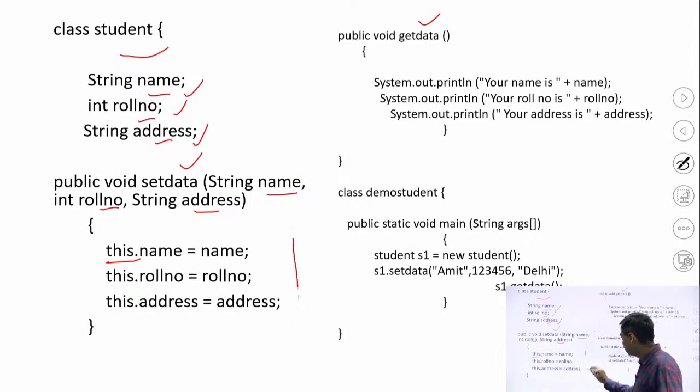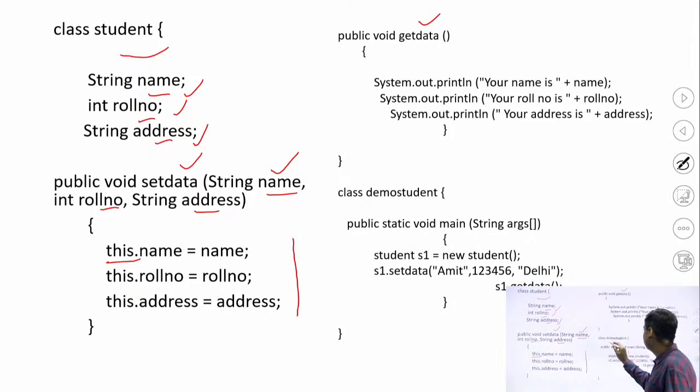So this is a very important part. Whenever the name of the argument and the name of the class variable are the same, to differentiate the class variable we have to use the this keyword. Next, getData displays the value of name, roll number and address.